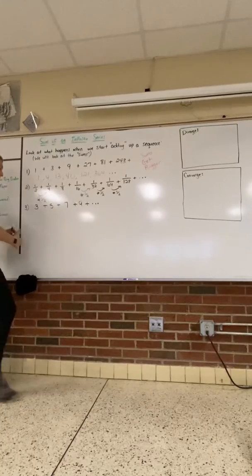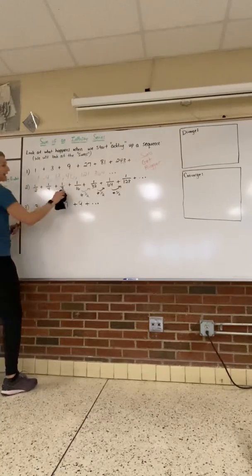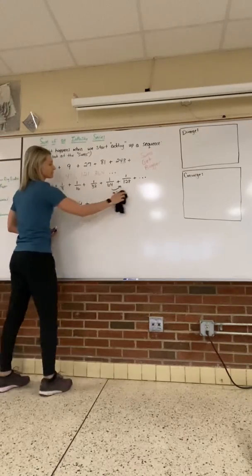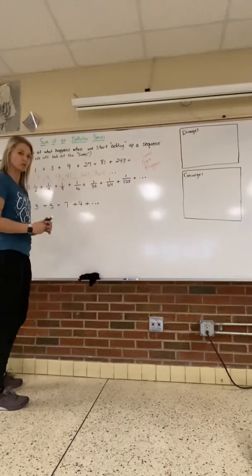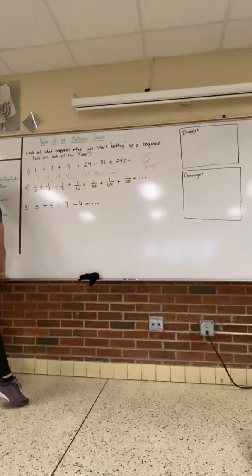So now I'm going to do the same thing, and I'm going to look at what's going on when I start adding up these terms. And instead of writing the fractions, it's actually more beneficial for this observation to look at the decimals. So I'm going to show you what the decimals look like whenever we start adding this one up.